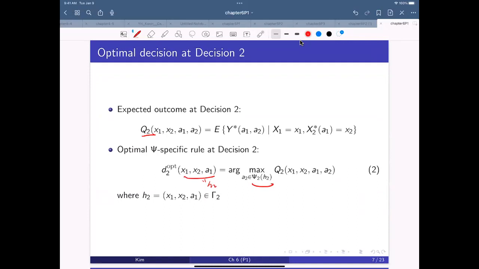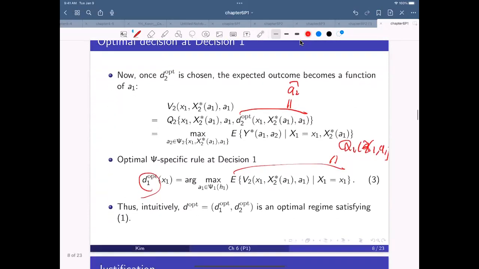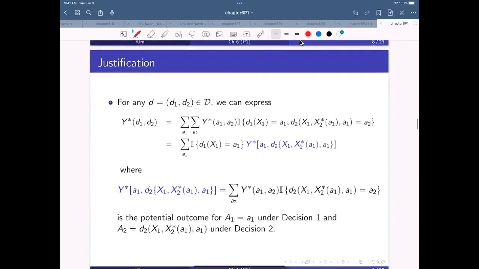Backward induction is to compute the optimal decision at stage 2 first and then do stage 1. So here's a justification, using the K equal 2 situation.